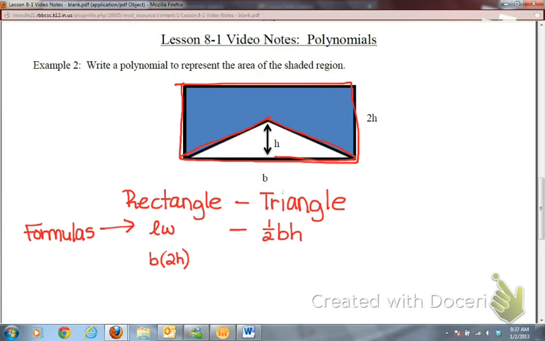But the shaded region is that minus the triangle. So I'm going to go on to my next step. I have my minus sign. And we look at the triangle in the picture. The formula for the area of a triangle starts with 1/2, so I'm going to start with that. And it just so happens that the triangle in the picture has a base that is B, and the height of the triangle is h.